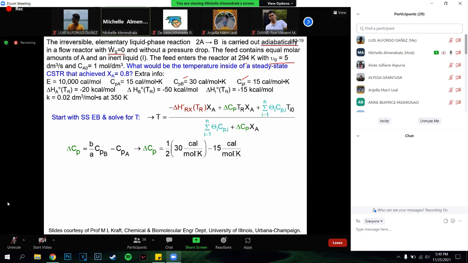Delta Cp is simply products minus reactants, normalized per A, based on the limiting reactant, which is 1 mole of A. And so if we're talking of 1 mole of A, the Cp of A is 15. Cp product minus Cp reactant.